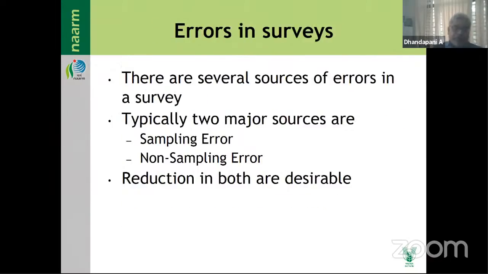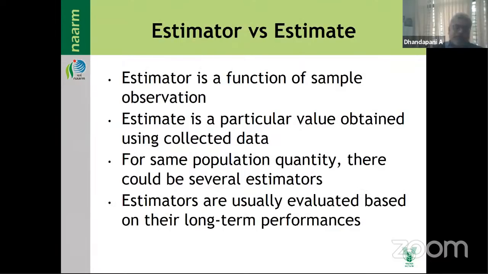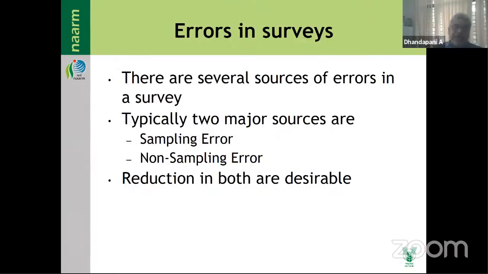So the precision of an estimator, which is basically the variance, or something you might have studied earlier, what is called the standard error, is what matters. We need an estimator which has less standard error.